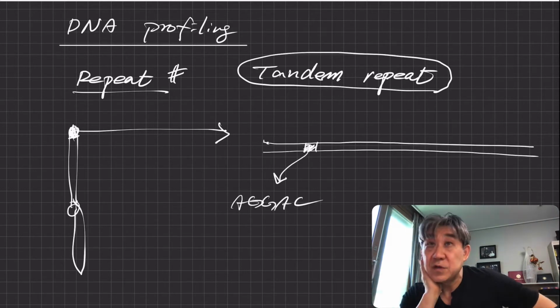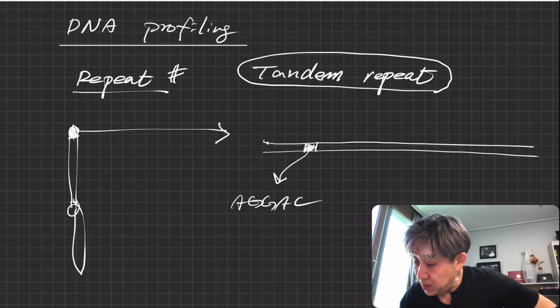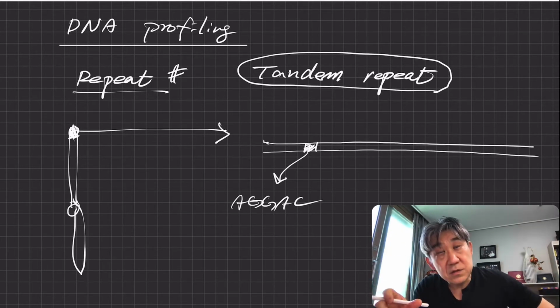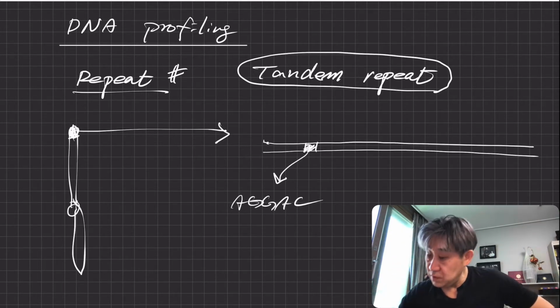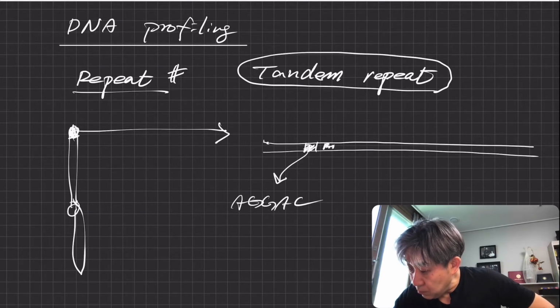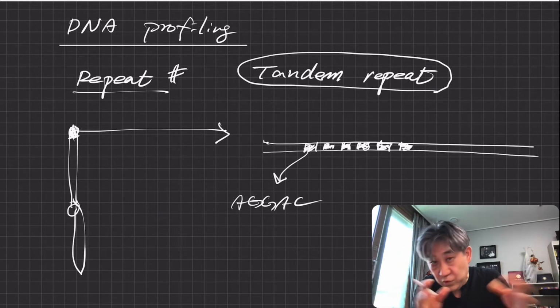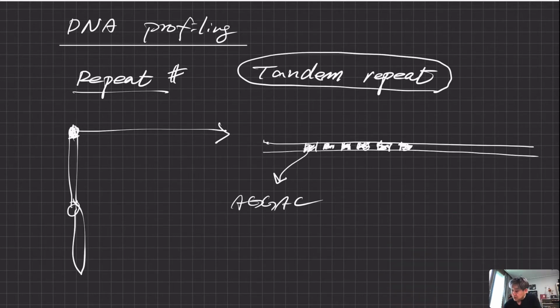This is to give you an example. The same AGGAC sequence, mysteriously, on this particular region appears not once, not twice, but several times, the same DNA sequence repeat, like as if you have block modules, just like this. This is what I mean by tandem repeats.